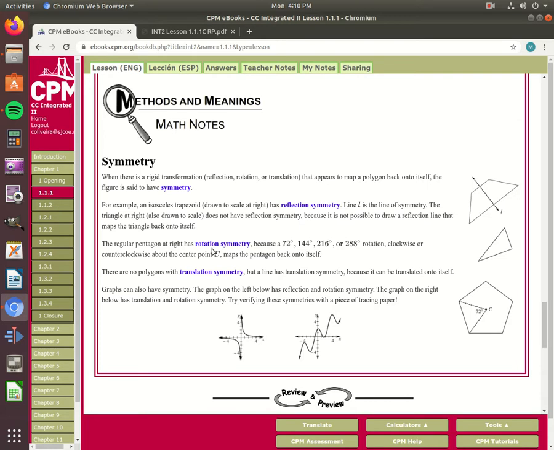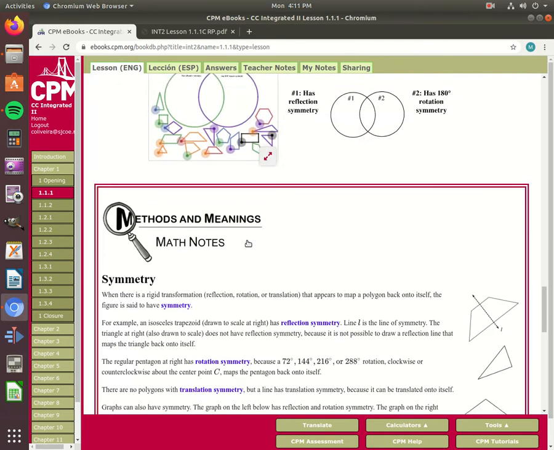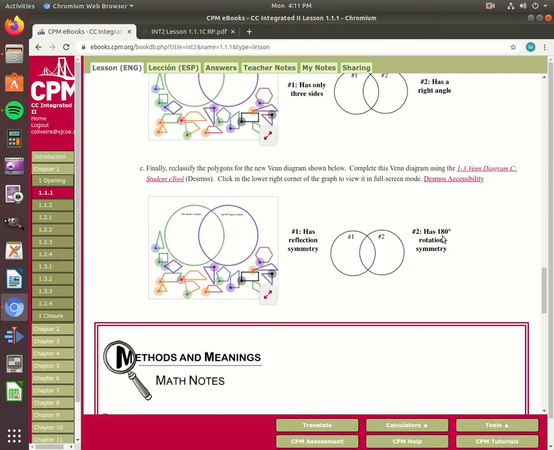And rotation symmetry meant that if you picked it up and literally spun it, that it would look the same. And remember, there's no such thing as 360-degree rotation symmetry. So again, 180-degree rotation symmetry means you pick it up, turn it 180 degrees, put it back down, would it look the same? Reflection symmetry means if you drew a mirror down the middle, would it look the same?